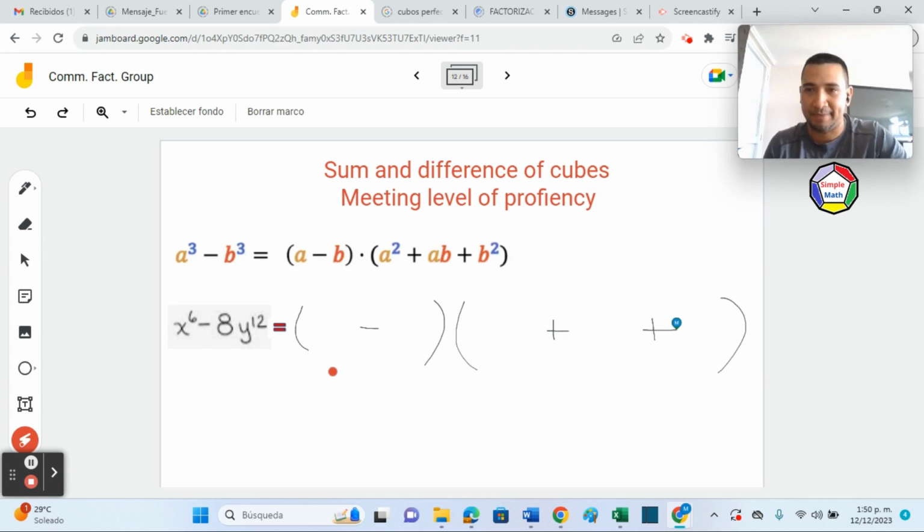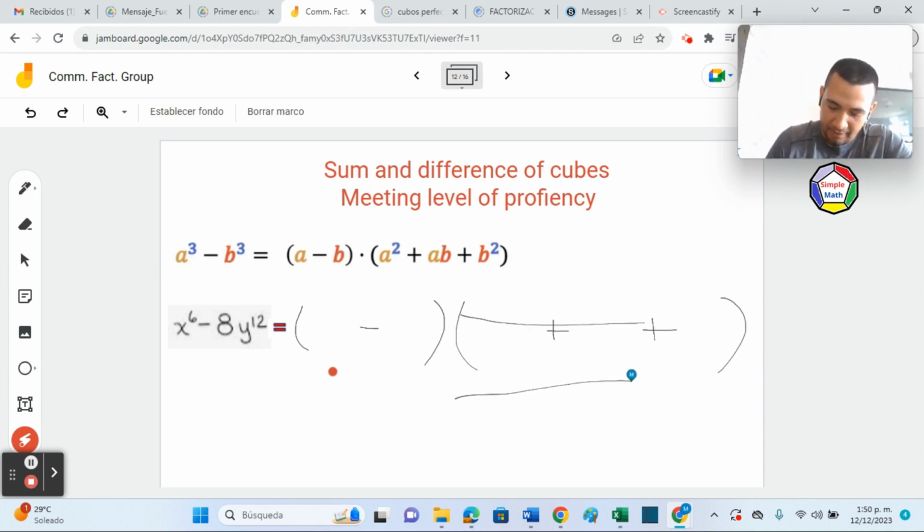That is the first step. It's very similar to the difference of squares, but in this case, we have a short parenthesis and then a long parenthesis. The first parenthesis has minus always when we have a difference of cubes. And in the other parenthesis, we write two plus signs.